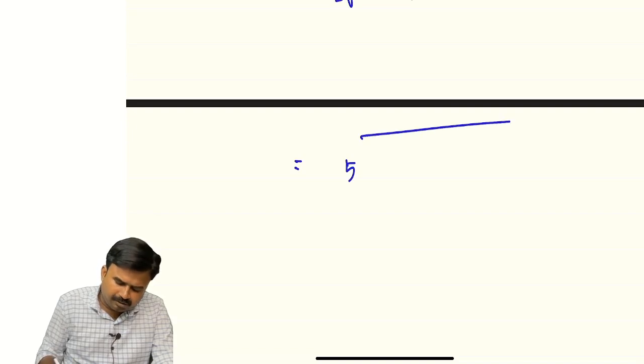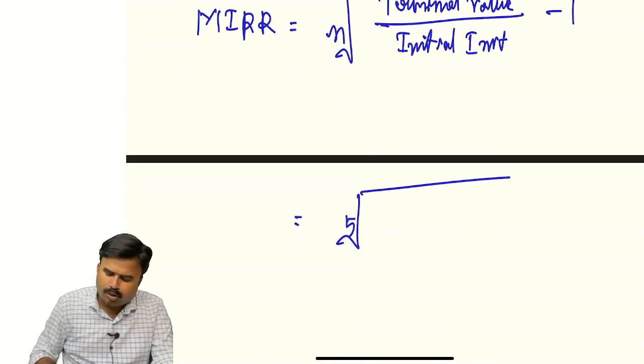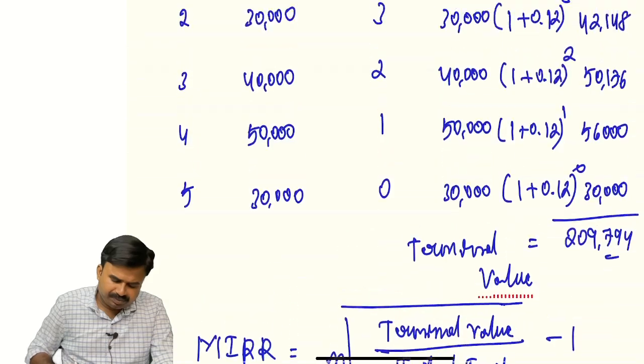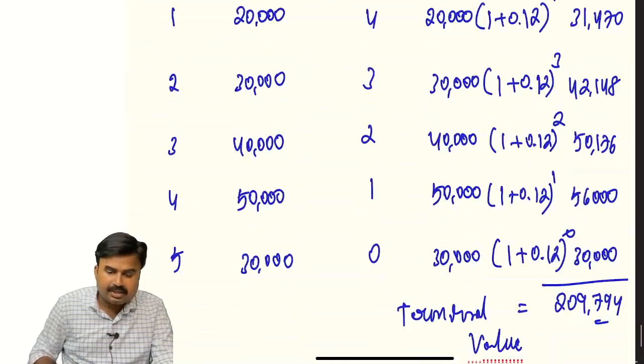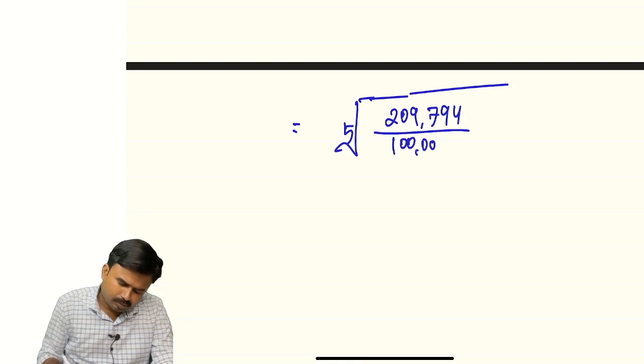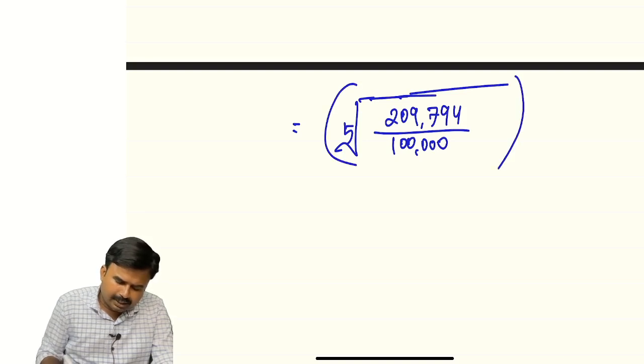Fifth root of your terminal value, 209,794, divided by your initial investment of 1 lakh. From this whole term, I have to deduct 1.